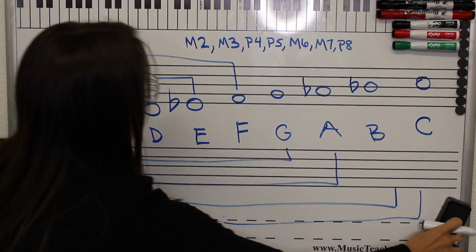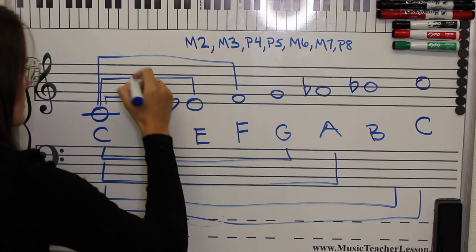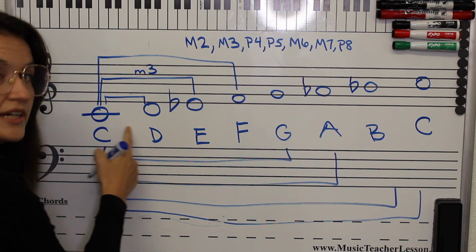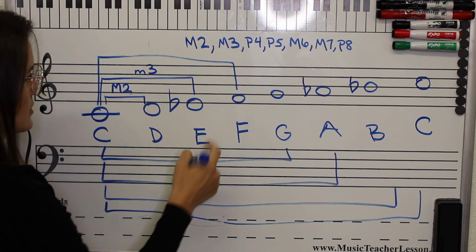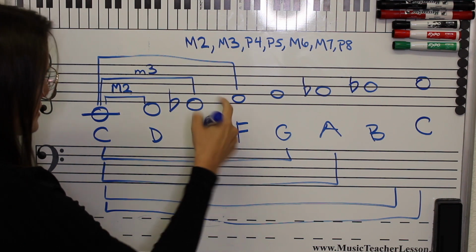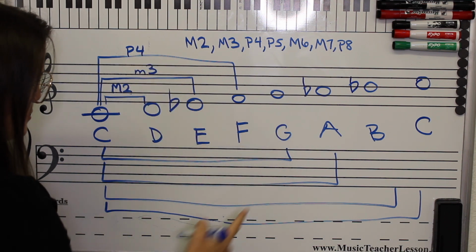Oops. Minor is a lowercase m, minor third. We still have a major second here. We have a perfect fourth. We have a perfect fifth.